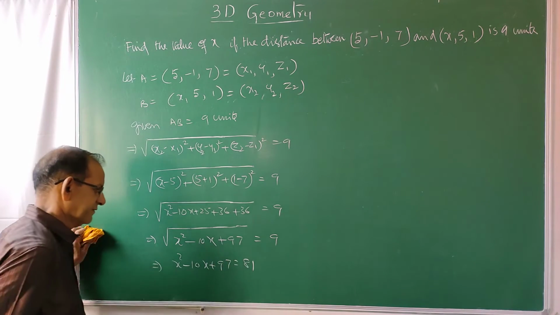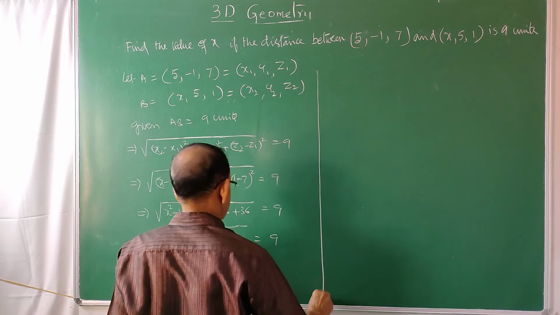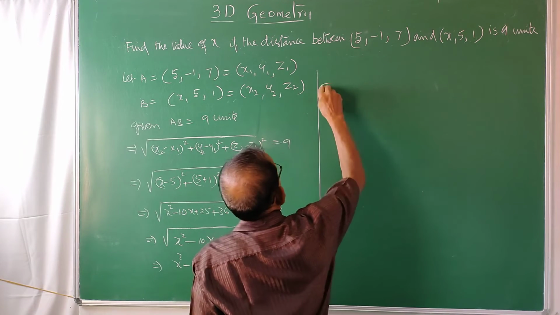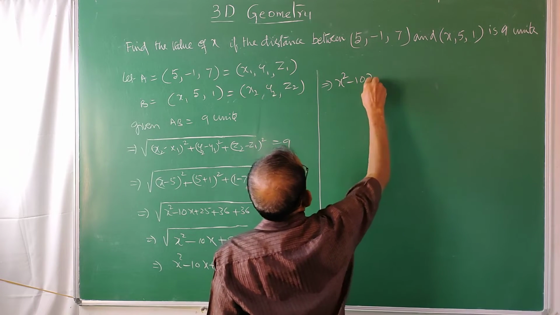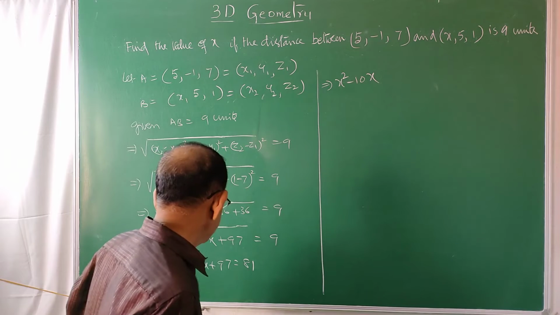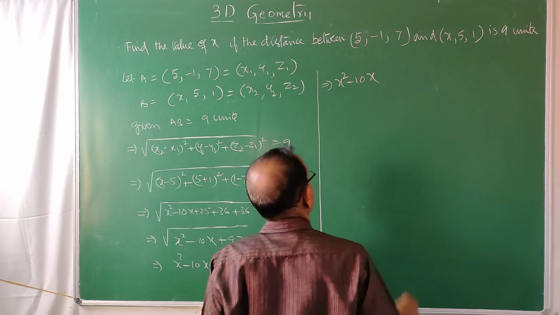9 squared is 81, so bring 81 to the left side. That implies x² - 10x + 97 - 81 = x² - 10x + 16 = 0.